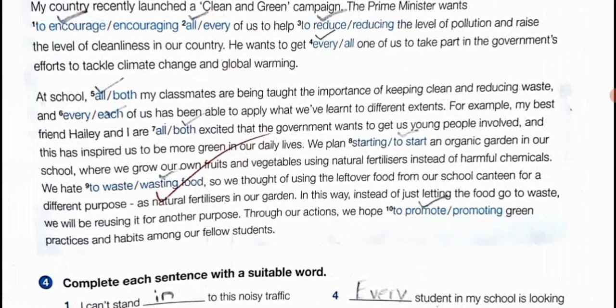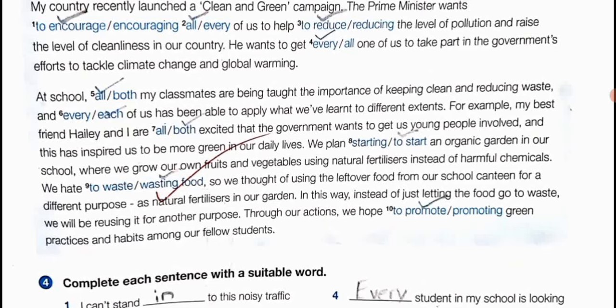At school, all my classmates are being taught the importance of keeping clean and reducing waste, and each of us has been able to apply what we have learned to different extents.